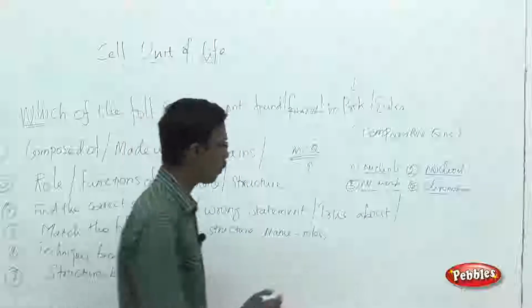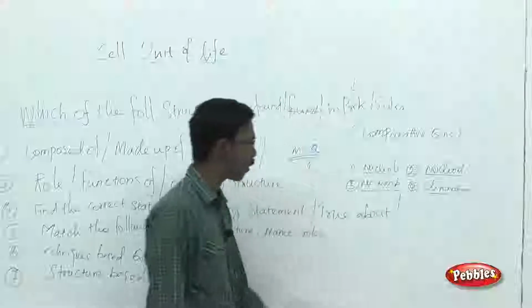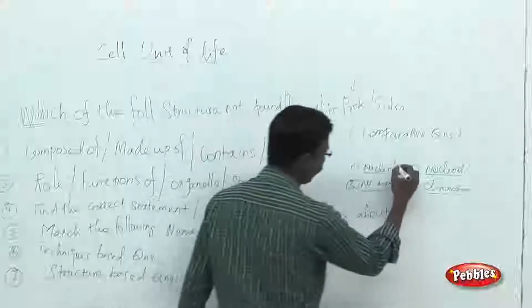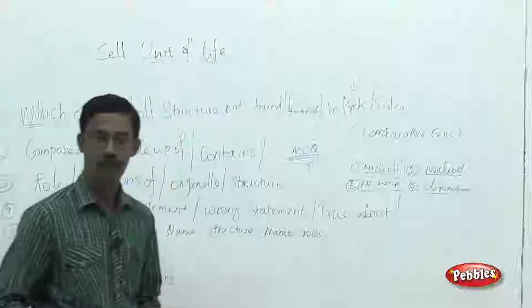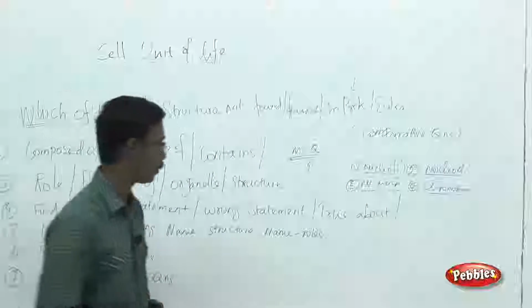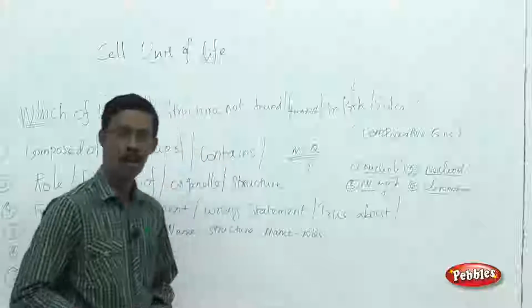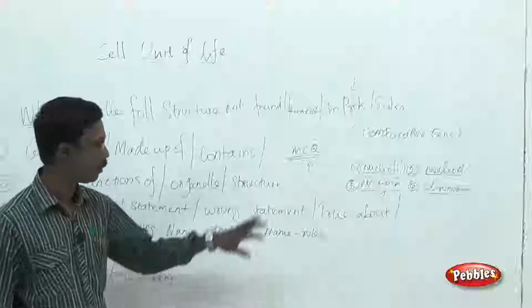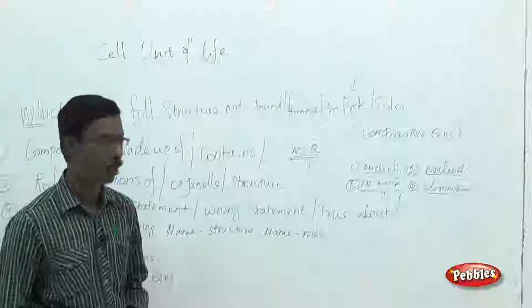So you are not supposed to get confused with the answers and you have to think clearly. The nucleoli is the structure present within the nucleus of the eukaryotic cell. And nuclear membrane, as you know, all the organelles are membrane bound structures, and only the eukaryotic cells possess membrane bound organelles.